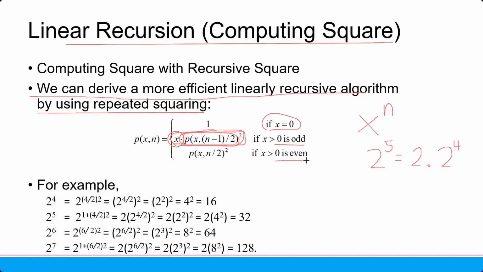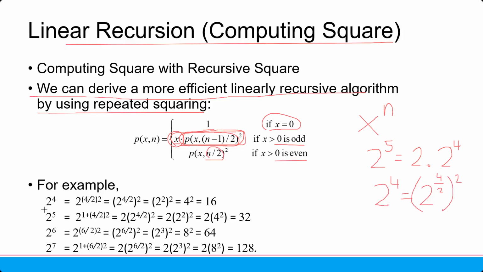And if it is even, let's say this is 2 to the power of 4, then we can do it with division by 2. For example, this is 2, and then we have 4 divided by 2, to the power of 2.